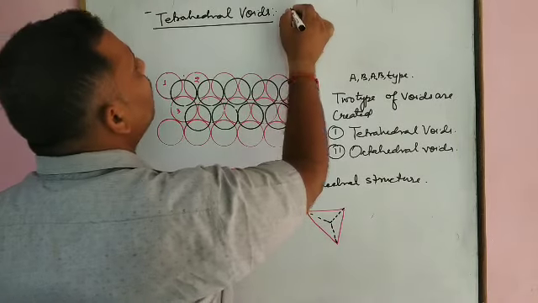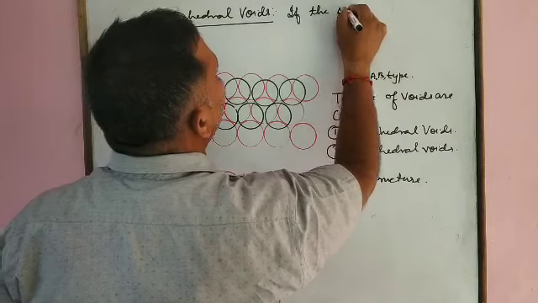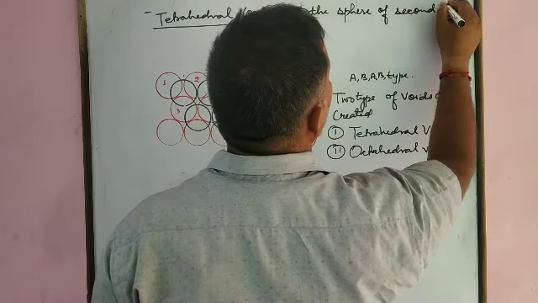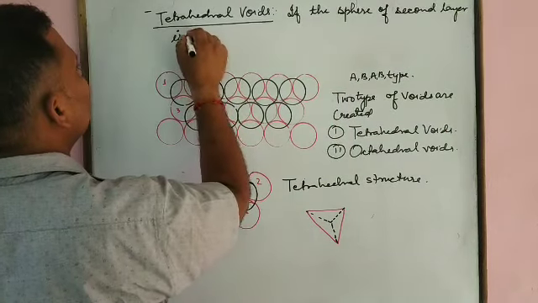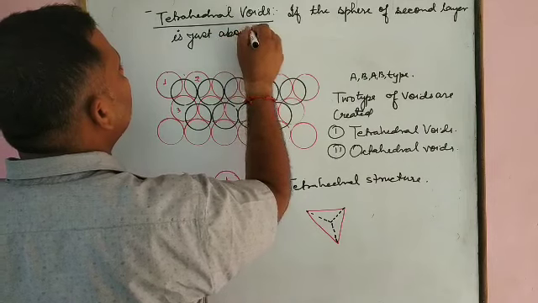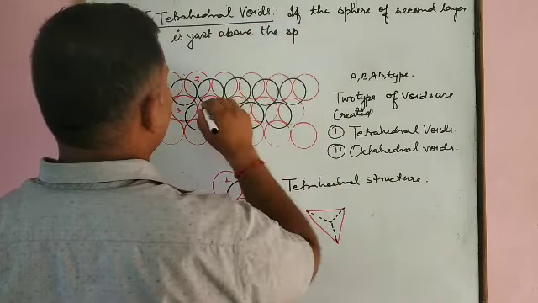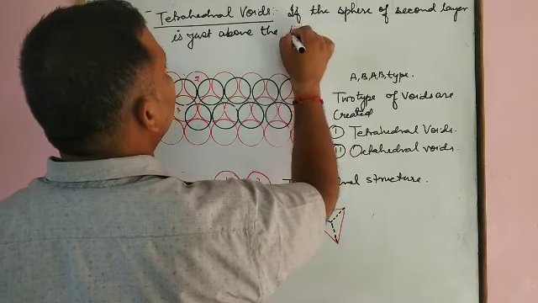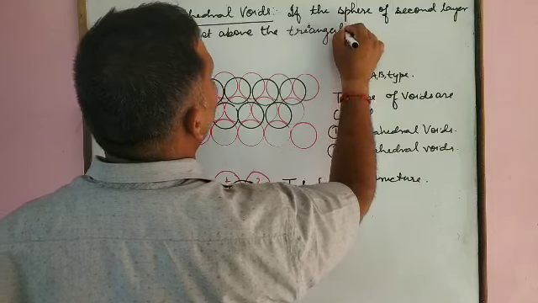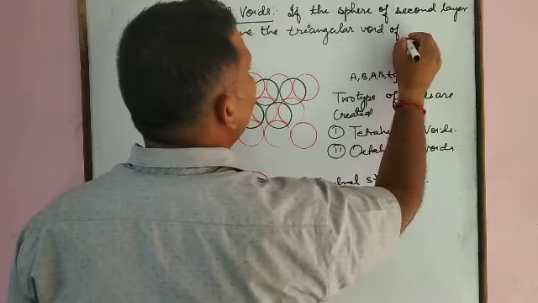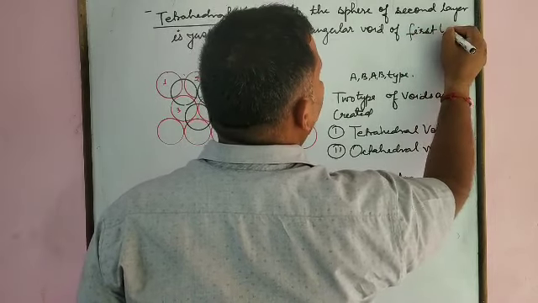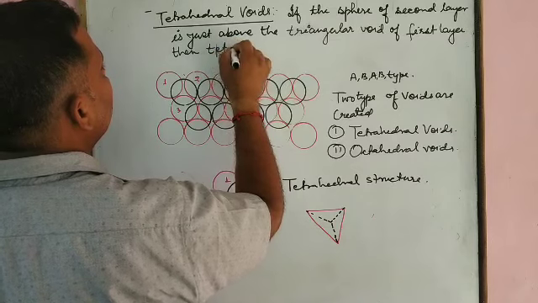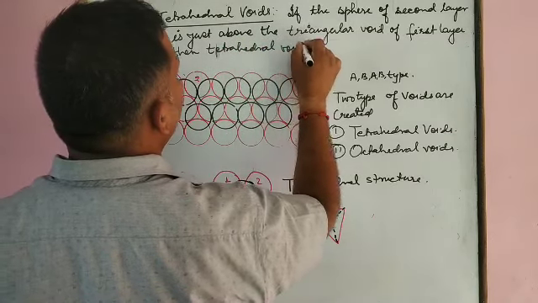It means if the sphere of the second layer is just above the triangular void of the first layer, then a tetrahedral void is created.